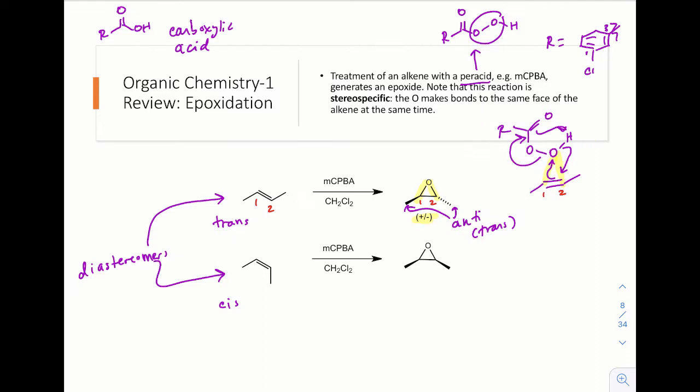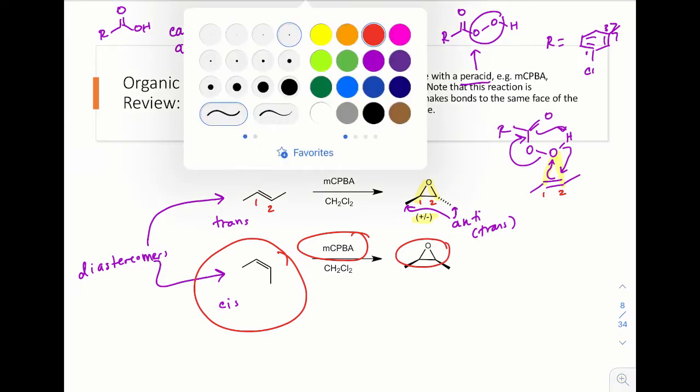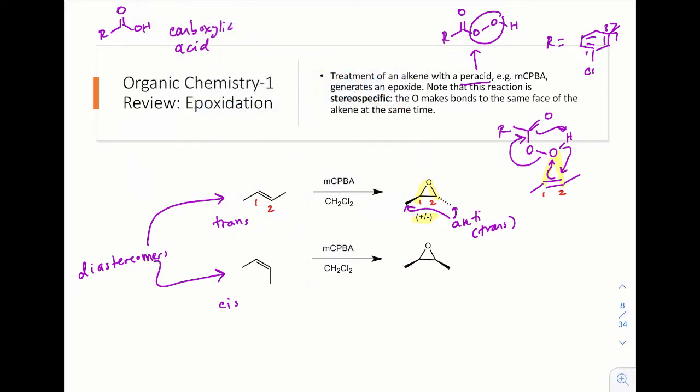Now, when the cis alkene is treated with MCPBA, an epoxide product is formed. Just as before for the trans alkene, the stereochemical relationship of the methyl groups is preserved in the products. They were cis in the starting material, and now the methyl groups are syn in the resulting epoxide product.